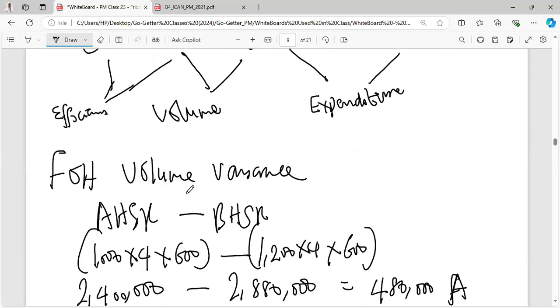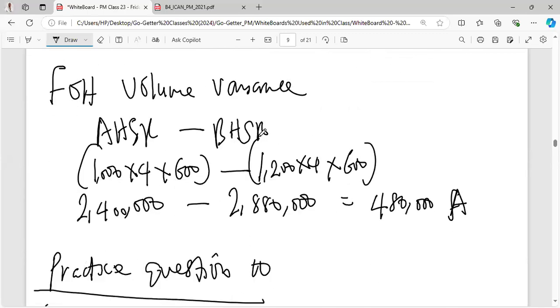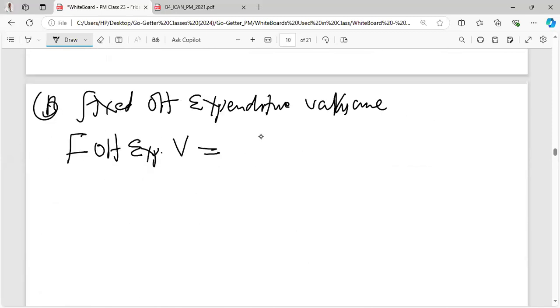Expenditure is going to be budgeted minus actual. It's going to give us budgeted as standard rate minus actual rates.